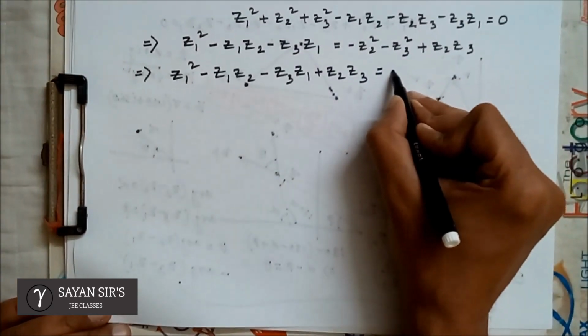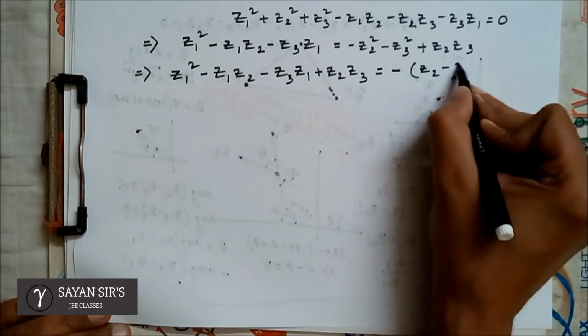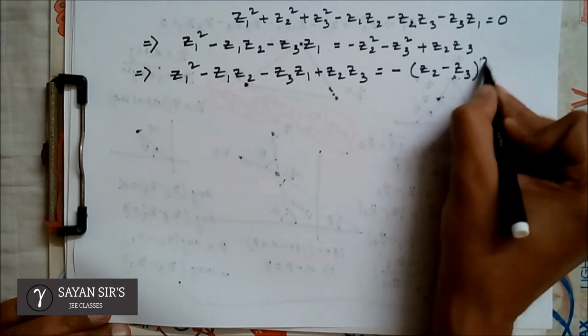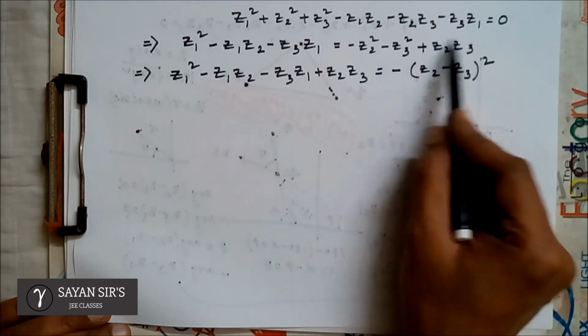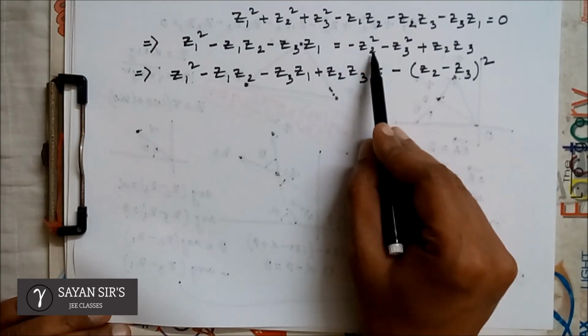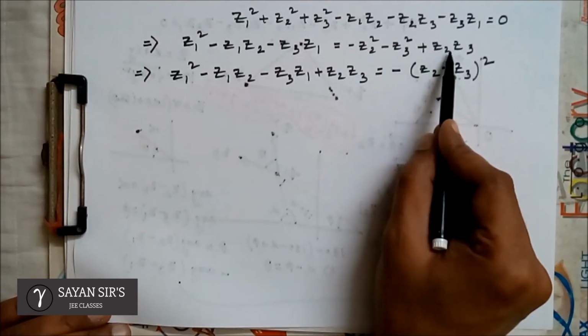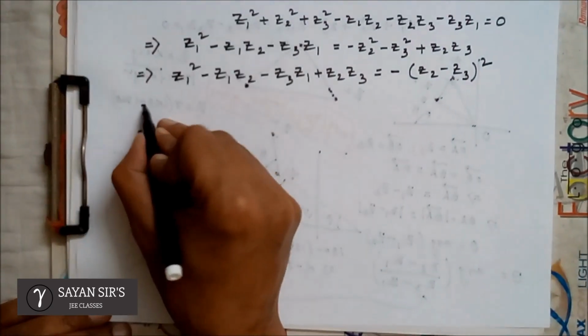and on this side I'll get minus (z2 minus z3) whole square. I'm adding another z2 z3, so I get a 2 z2 z3. If I take minus common within the brackets, I'll get z2 squared plus z3 squared minus 2 z2 z3, which is this.